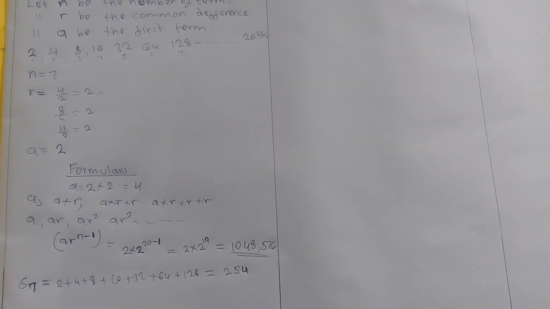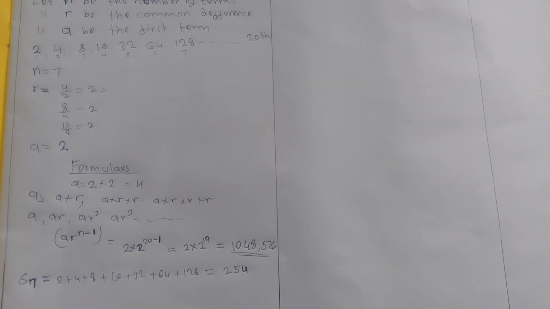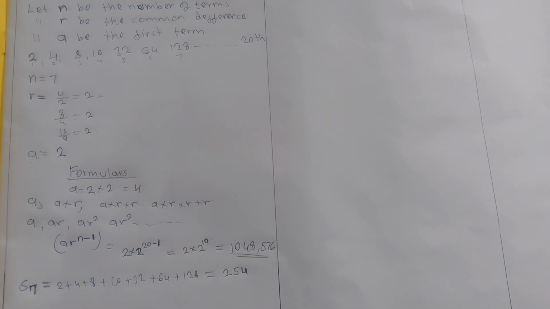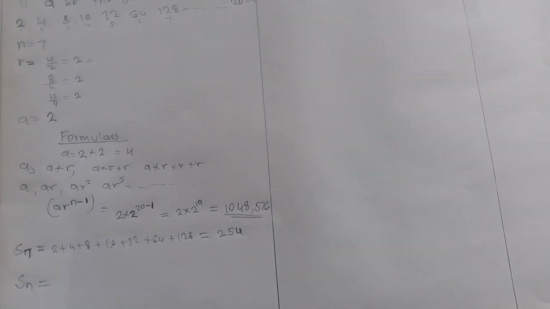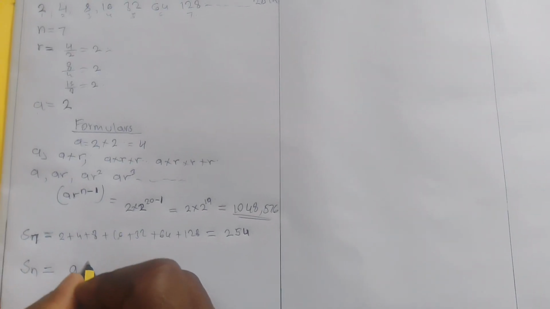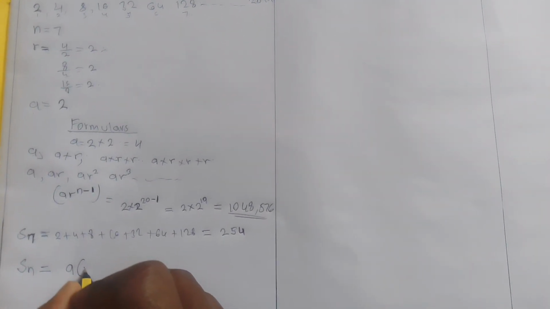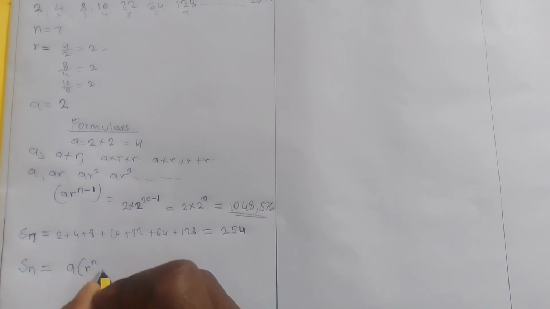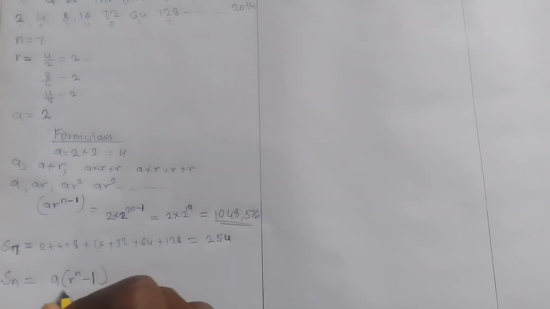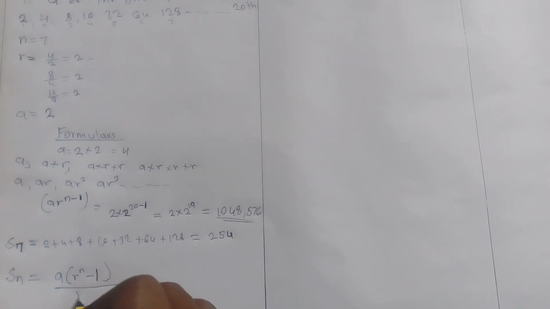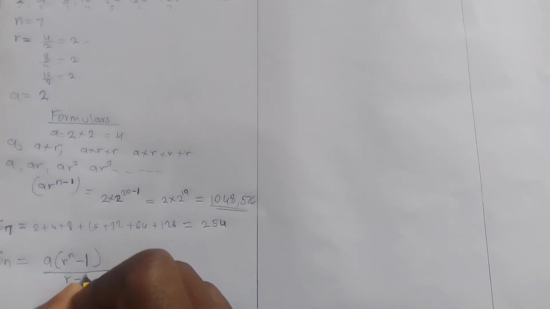So there is a formula to get the sum of the nth term in a geometric progression. Sum of nth term is equal to a into bracket r raised to power n minus 1, and you divide by r minus 1.